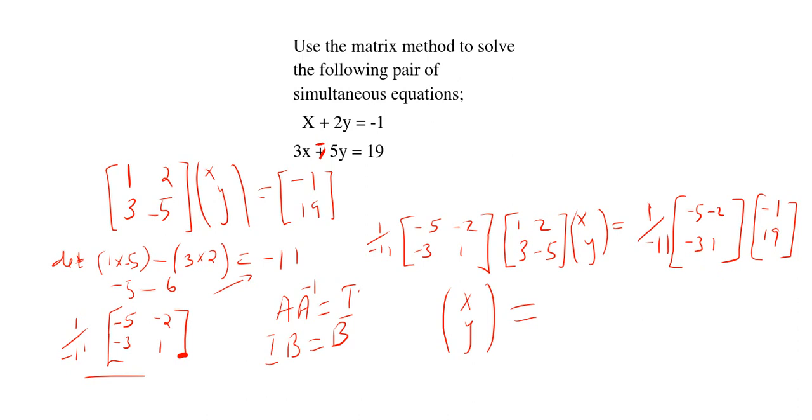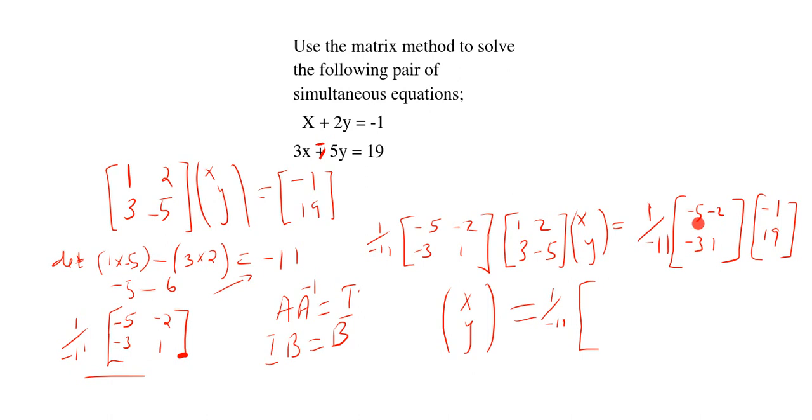So let's multiply our matrices on the right hand side. So we have 1 over -11, then we multiply these matrices, then we multiply later with 1 over negative 11. We have to multiply this row with this column and also this row with this column.